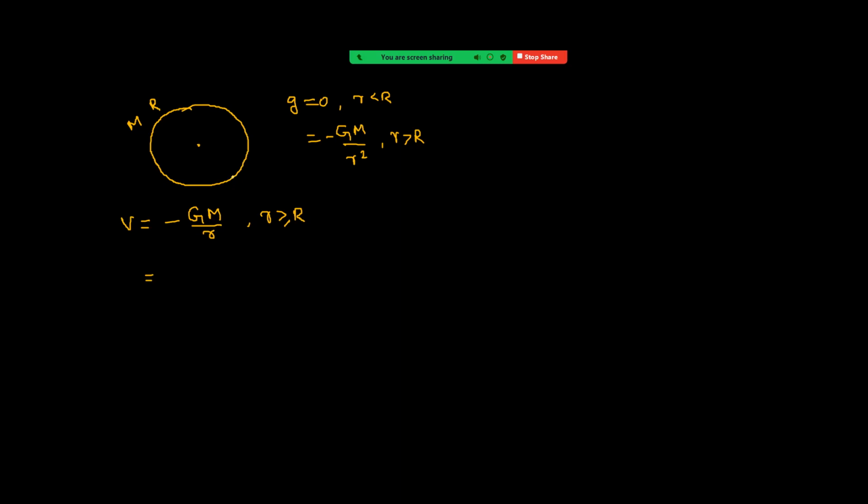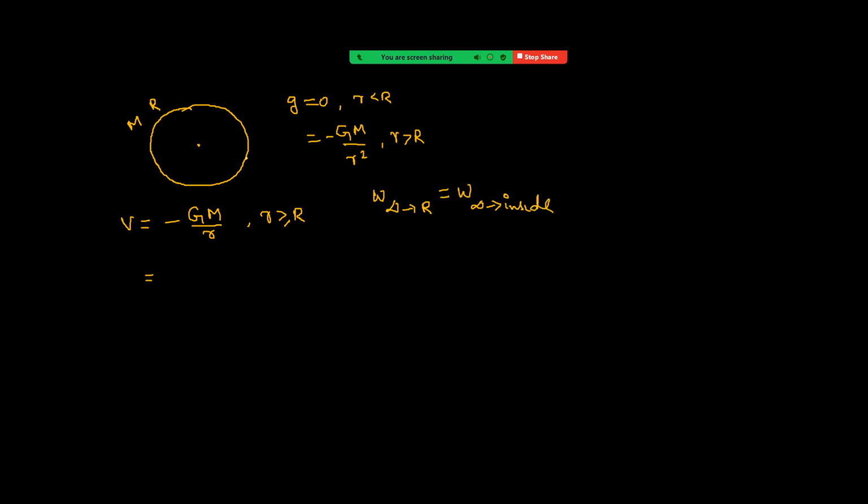But from surface to any point inside, no work is done. The reason is that there is no gravitational force inside. That means work done to move from infinity up to surface is also equal to work done to move from infinity to any point inside.